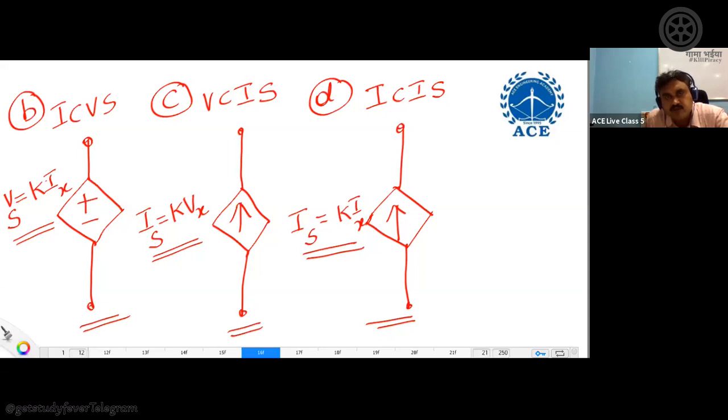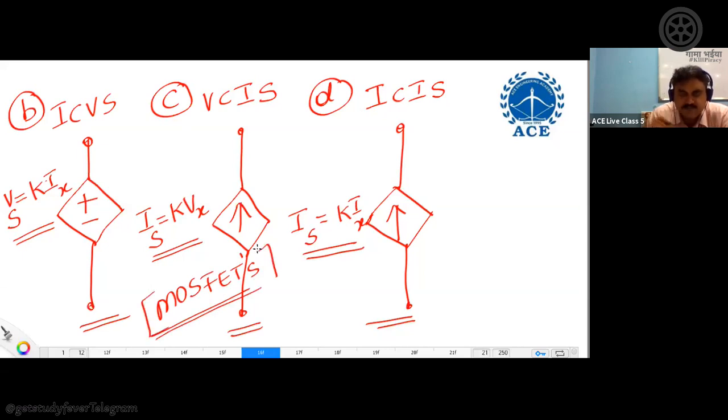Whatever voltage you give to the gate terminal, based on that voltage, you will have drain current. So MOSFETs are very good examples of voltage controlled current sources. All these are nonlinear devices only. But when they are in active region, you can confirm them as voltage controlled current sources.